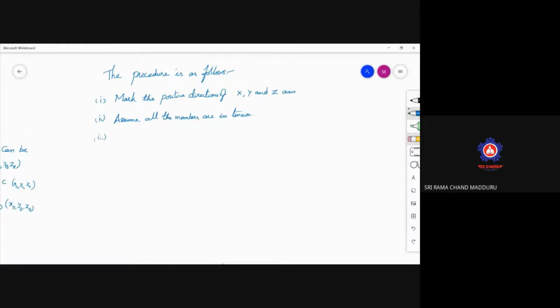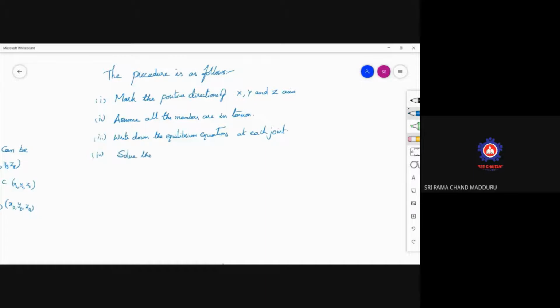Third, write down the equilibrium equations at each joint.